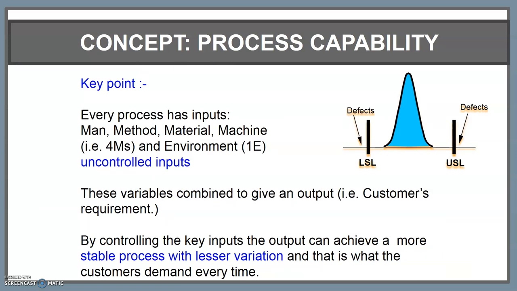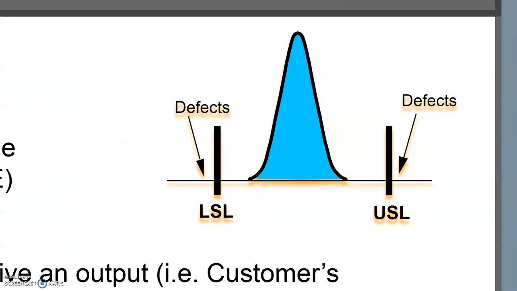The key point is that every process has inputs, as I just mentioned, including uncontrollable inputs. If you can control all the sources, that means all the inputs to the process, then it is a stable process which can produce products with less variation. Please look at this chart here. For example, assume I'm your customer.